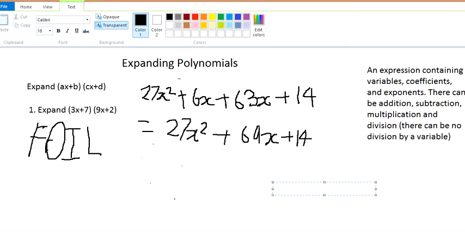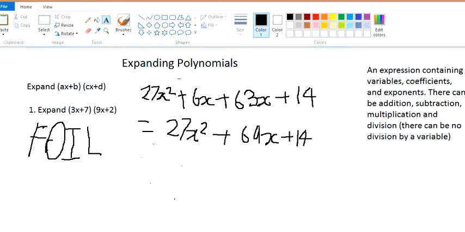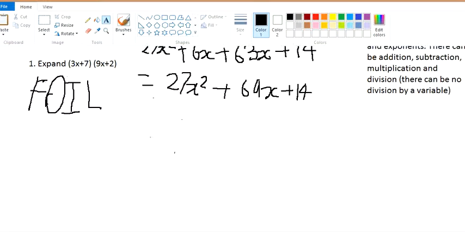Alright, so that was simple enough. So this FOIL method works for almost any polynomial. However, things do get harder as equations become more complex, and that is where I shall start introducing a few more new rules, which will make things easier.